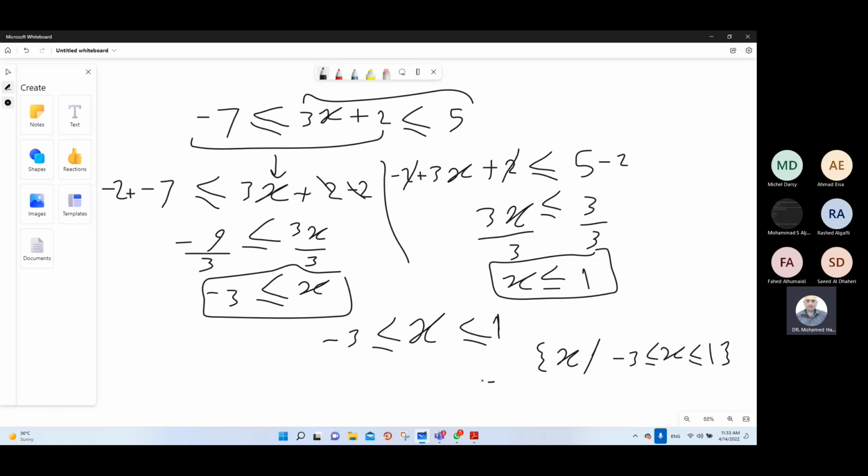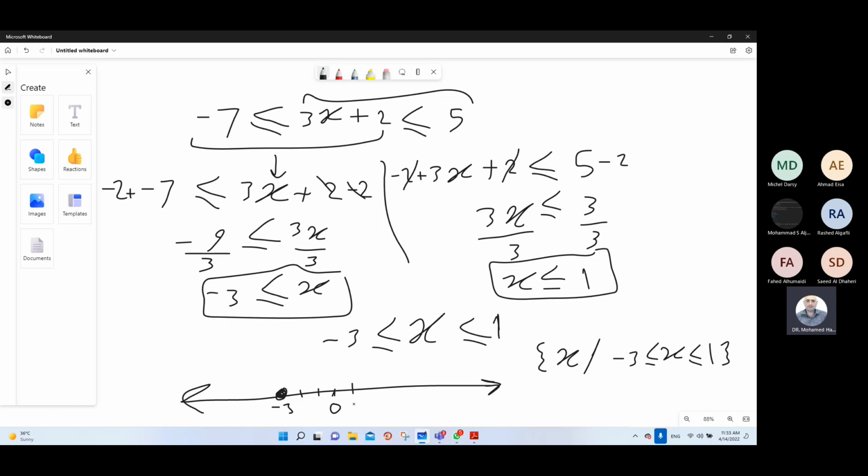Then we can draw the number line. This is 0 in the middle. Represent -3. This is -1, -2, this is -3. We have equal in the sign, means draw a shaded circle. Then represent 1.